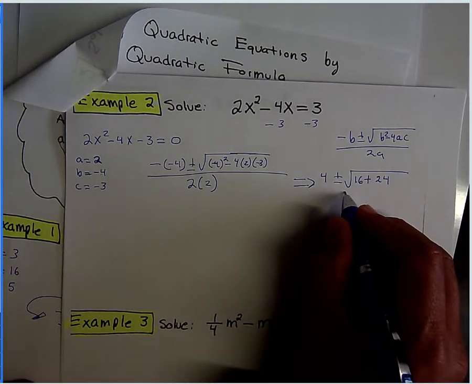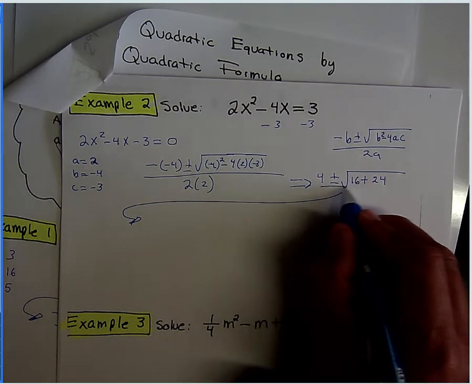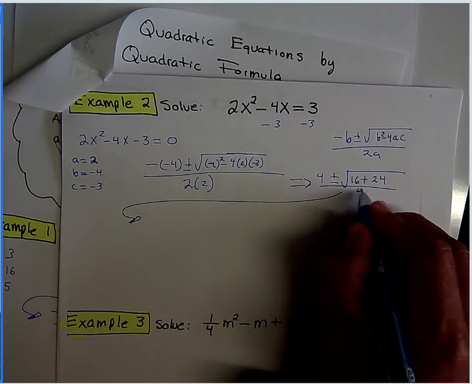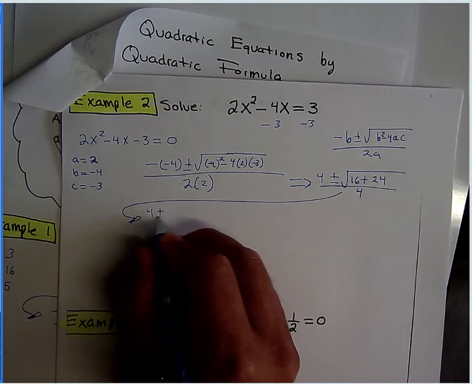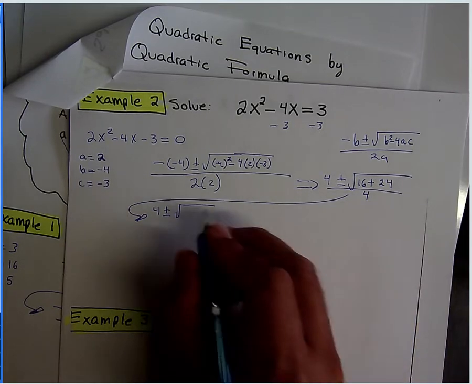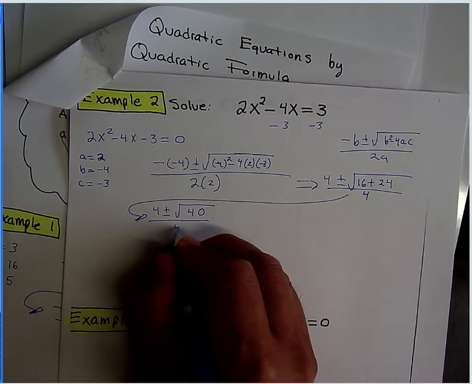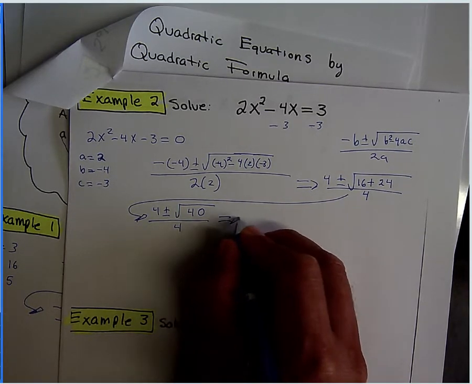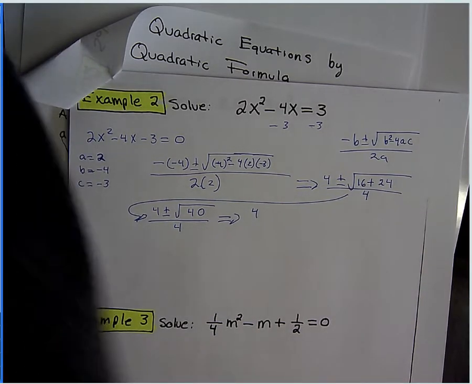So let's continue over here. Okay, the bottom, I forgot the bottom. 2 times 2 would be 4, so 4 at the bottom. So 4 plus minus the square root of 16 plus 24, which gives me 40, over 4. So this number, you can split it.